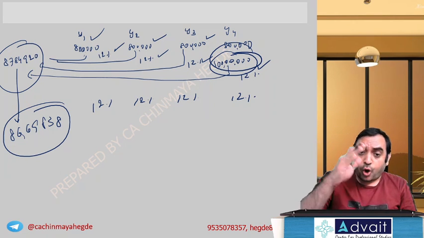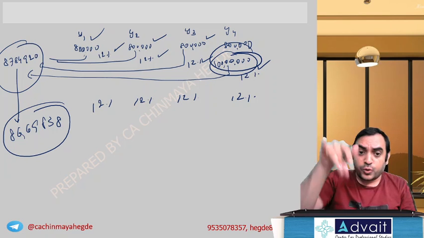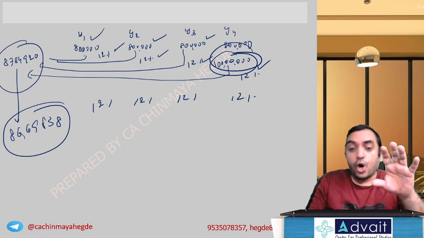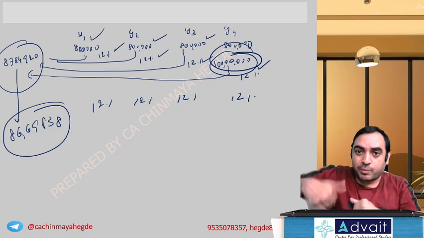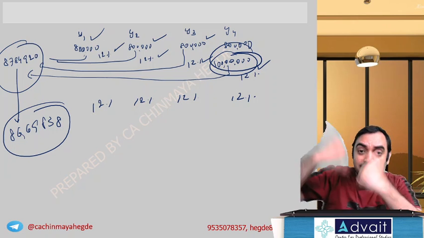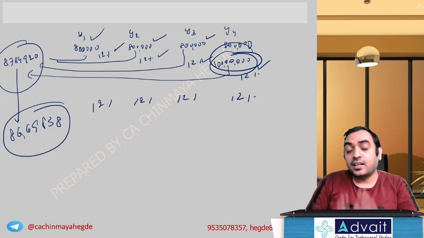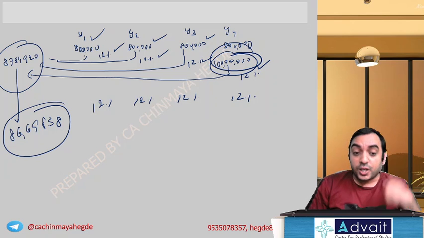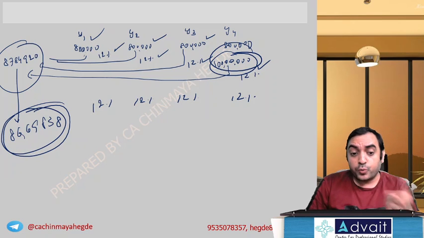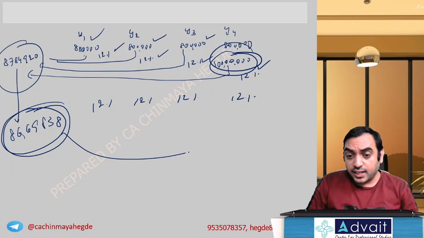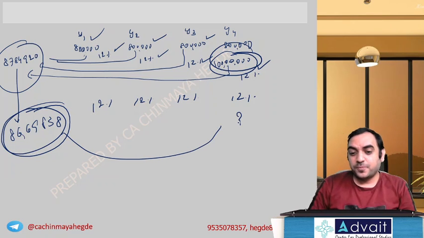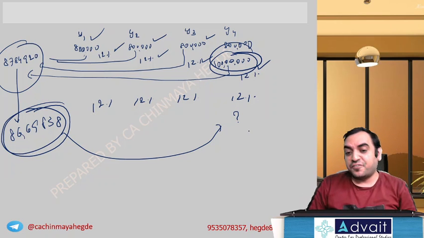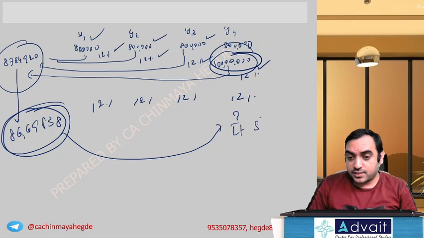When we discounted all those cash flows plus 100 lakhs at 12%, we got 87 lakh 84,920. On that, we kept adding 12% and subtracting 8 lakh, and ultimately we got 100 lakhs because that was the value we calculated. Now, because I'm revising this amount to 86,69,838, will you still get 100 lakhs after 4 years? It will not be 100 lakhs after 4 years, but we want it to be 100 lakhs after 4 years. It should be 100 lakhs.